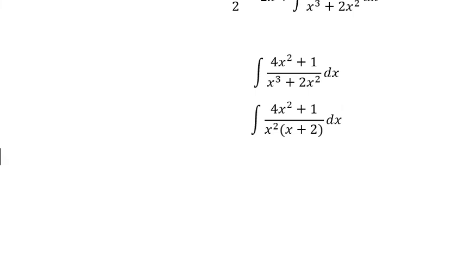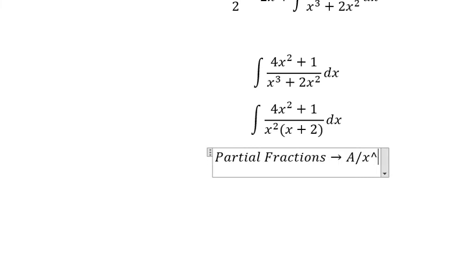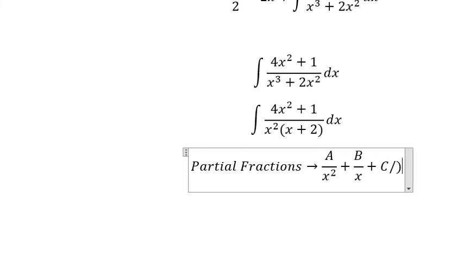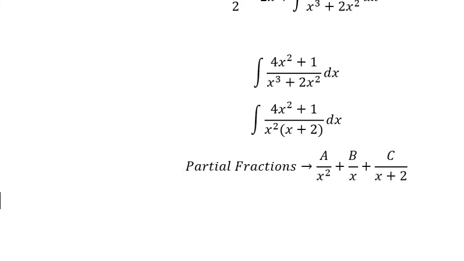Now we can use partial fractions. So I will put A over s squared, B over s, C over s plus 2. Now we do common denominator.